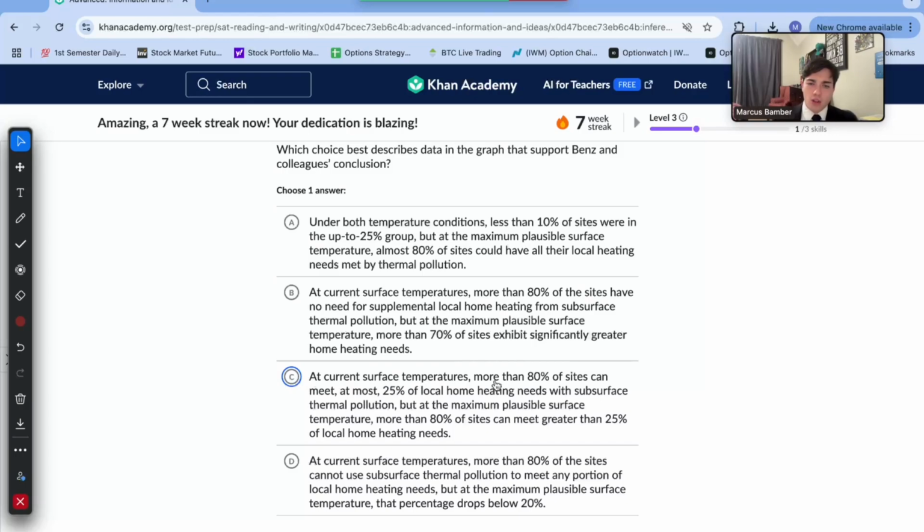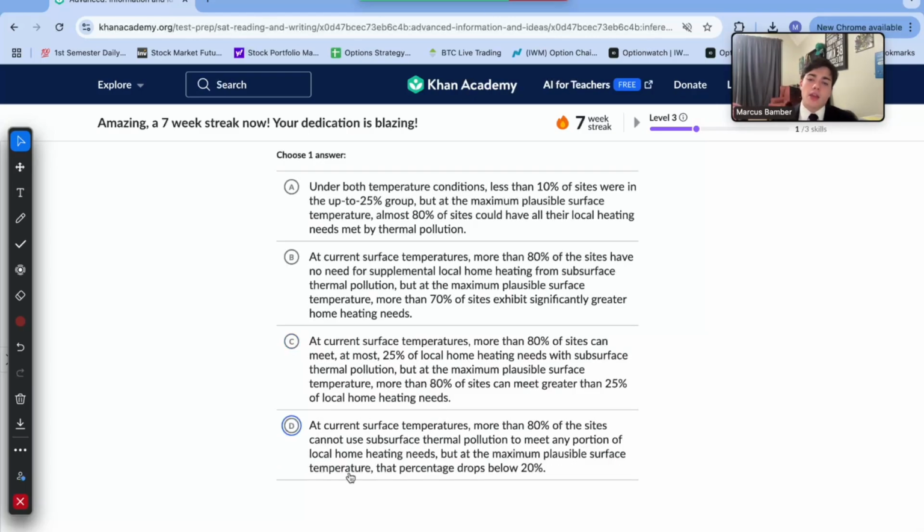At current surface temperatures, more than 80% of the sites can meet, at most, 25% of their local heating needs. Yeah, C is describing the graph a lot better than B did. With subsurface thermal pollution, but at maximum plausible surface temperature, more than 80% of the sites can meet greater than 25% of local home heating needs.